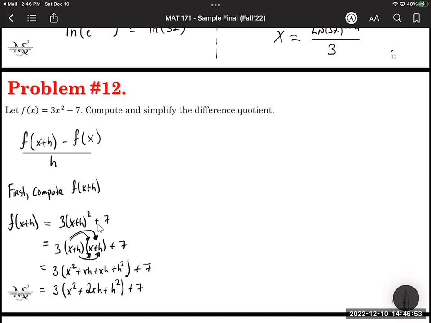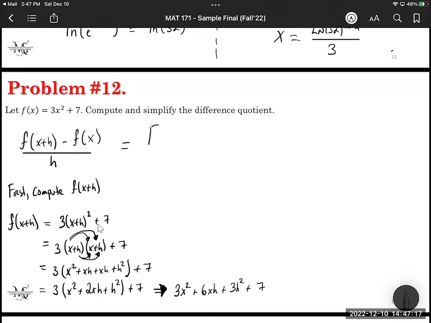All right, so the last thing that you want to do here is just distribute the 3 inside the parentheses. So this will give me 3x squared plus 6xh plus 3h squared plus 7. Now that this is my f of x plus h piece, I can plug it into our difference quotient.